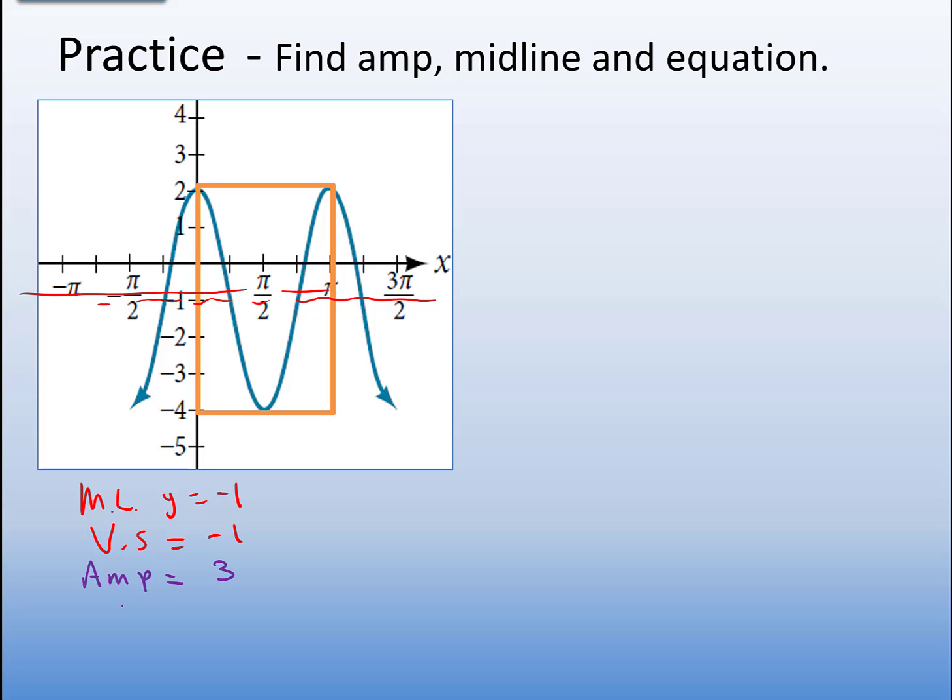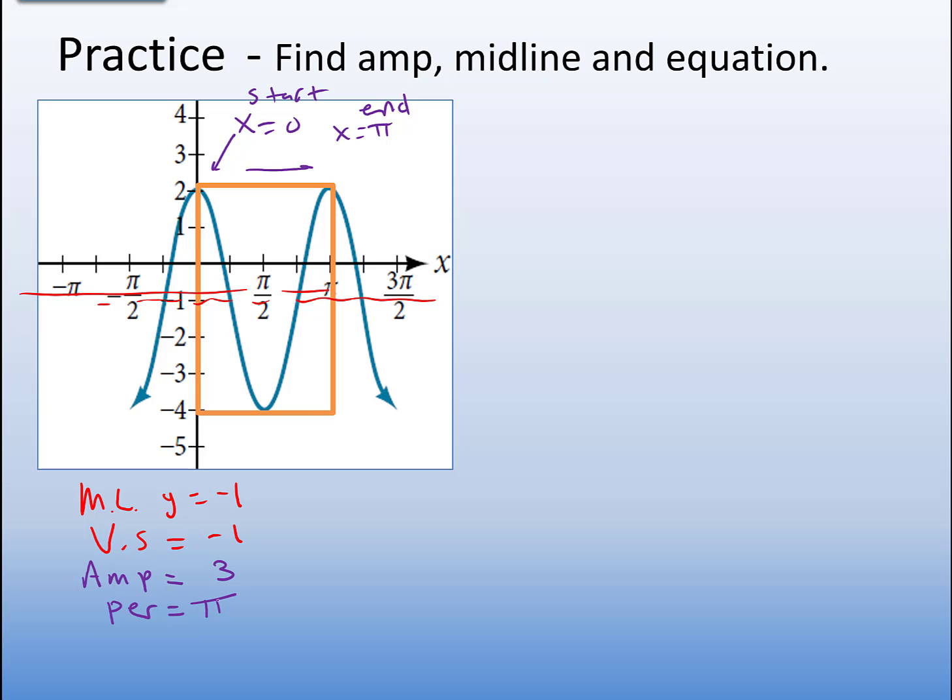Next is the period. What is the period? Well, fortunately, because we started at x equals 0 as our start, and we went to x equals pi as our end, we have an easy period calculation.